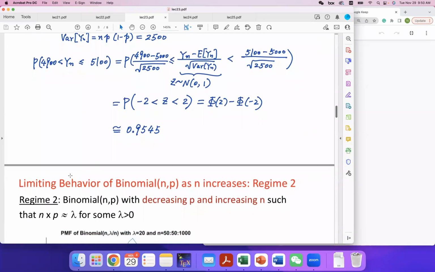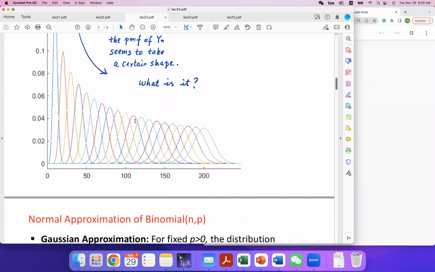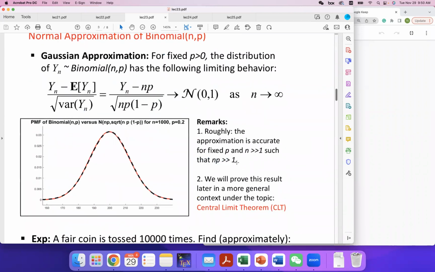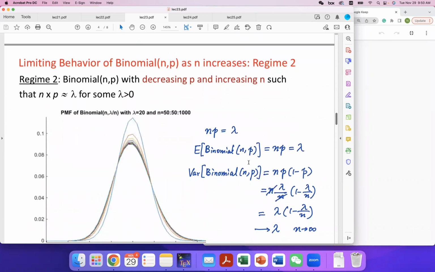So this is the case when this binomial distribution has the product n times p far bigger than 1. This is the first regime. And the other case that we care about is when we increase the number of experiments, the success rate decreases, so that their product remains a constant.